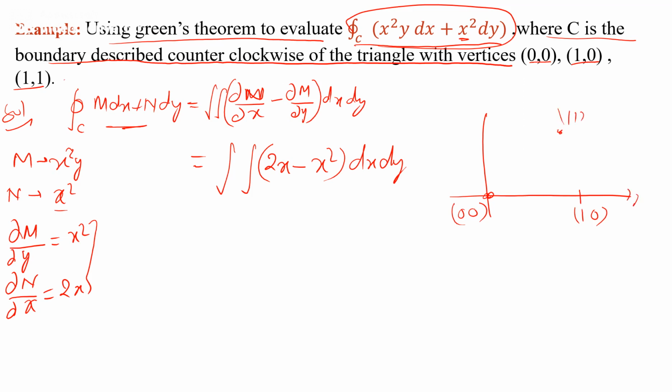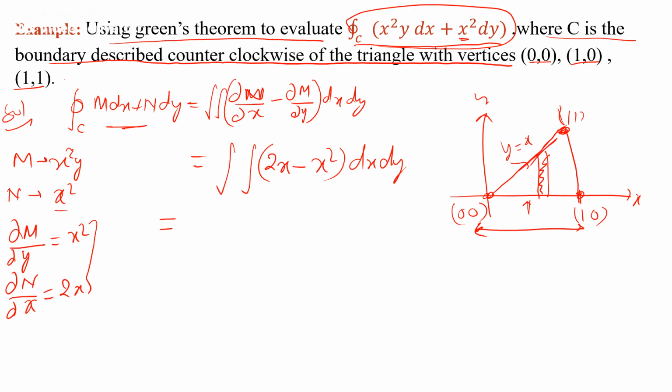If this is x and that is y, a triangle is formed by those lines. Here we can say this is the equation y is equal to x. Now for the limits of integration, we take a strip parallel to the y-axis, so x varies 0 to 1 and y varies 0 to that line.